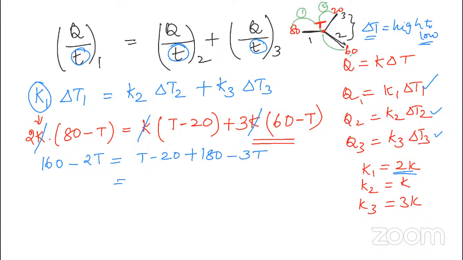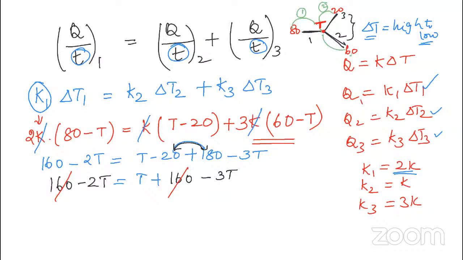Here it is t plus 180 minus 20, it is plus 160 minus of 3t. And here 160 minus 2t. So commonly we are neglecting 160.